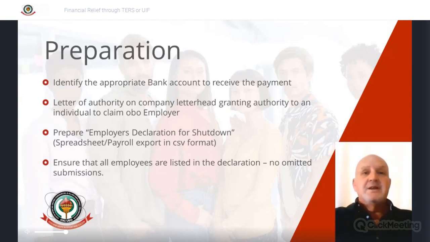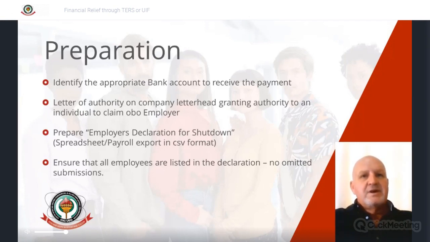For instance, if it goes into your normal trade account, the one that you use every day, and you run into financial difficulties, and your normal debit orders would go through taking money from this benefit, you might have problems. So we recommend that you stick to that, try and open a dedicated bank account and have the payment paid into that account.